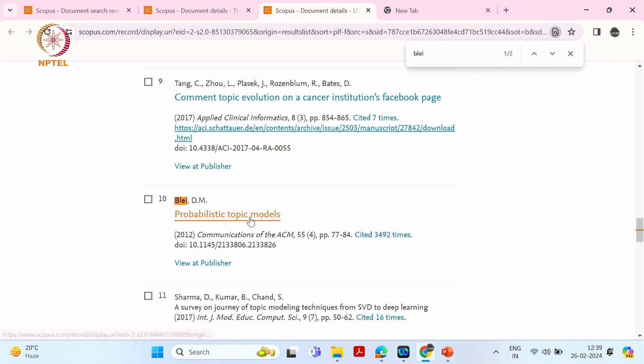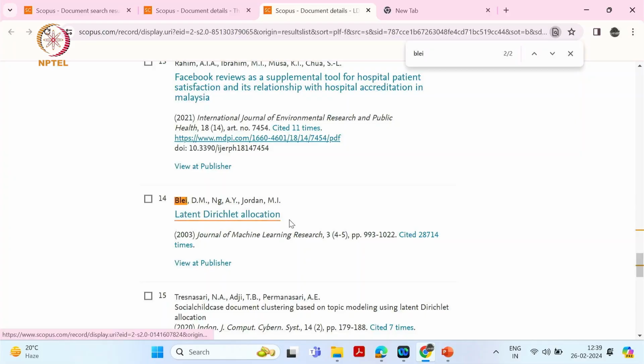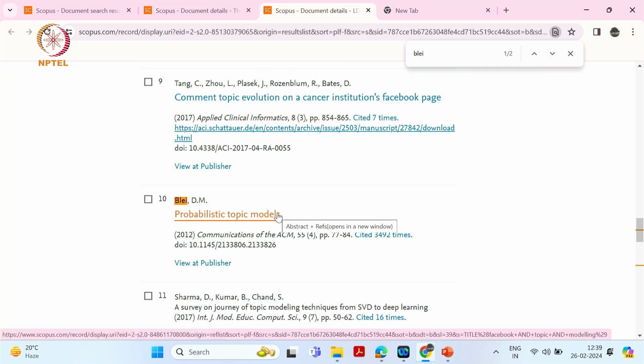And if I search on this document, we have this probabilistic topic models, then this latent Dirichlet allocation. Okay. So, the co-citation exists here because these two documents, latent Dirichlet allocation and probabilistic topic models, have been co-cited together in this document also.